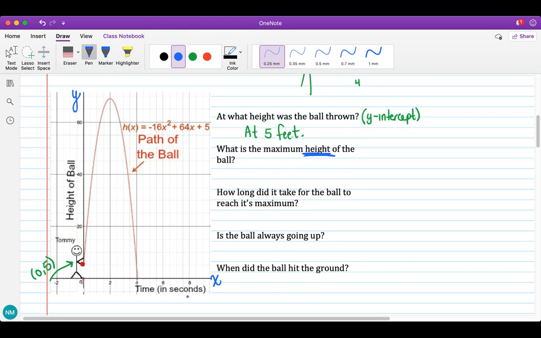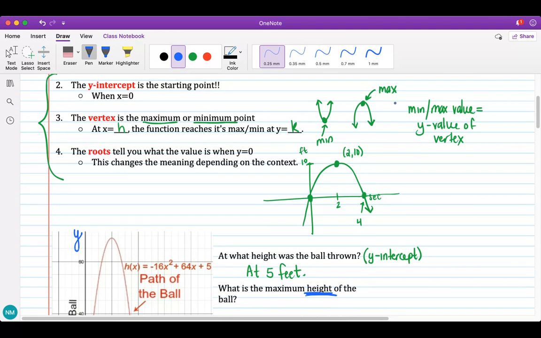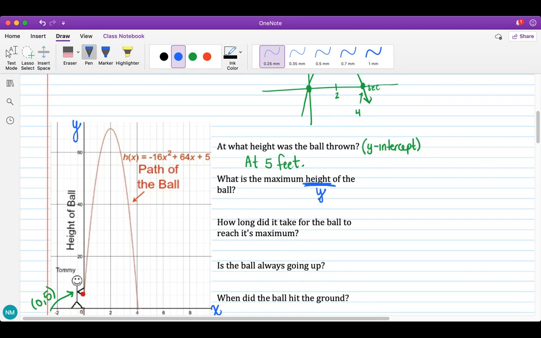This is my x-axis, x is time. So it's asking, what is the maximum height? Notice it's not asking what is the maximum time. It is maximum height. That brings us back up here, how the minimum and the maximum value is our y value. So it's asking, what is the maximum height of the ball?